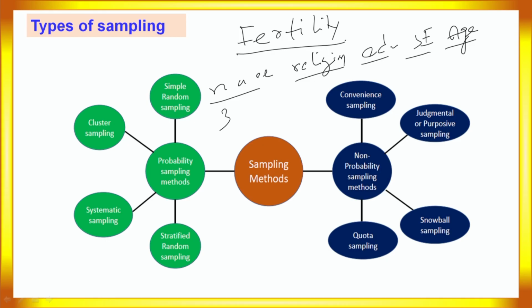Okay. So, 3 groups of people are there in a particular town. Religion may be of 3 types, maybe some of them are Hindu, some Buddhist, some Christian. Okay. In education also, they may be divided into 4 groups.